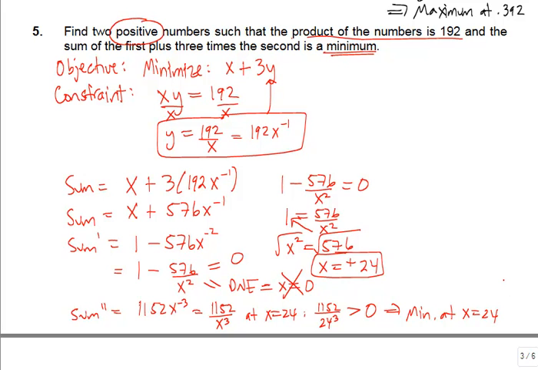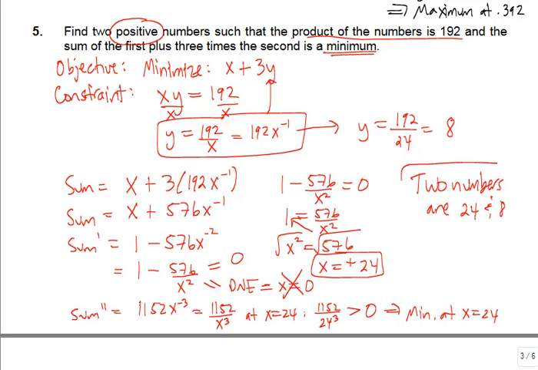So last but not least, we know what x is. We need to find the other number as well, which is our y. So to find y, we're just going to plug in 24 for this x, and 192 divided by 24 is 8. So my two numbers are 24 and 8.